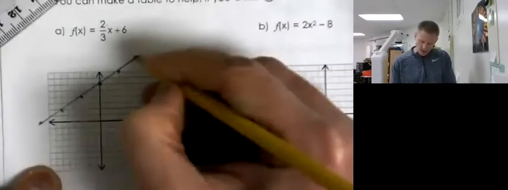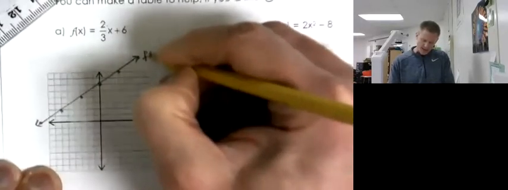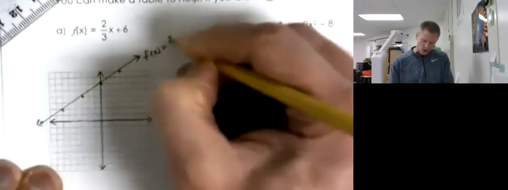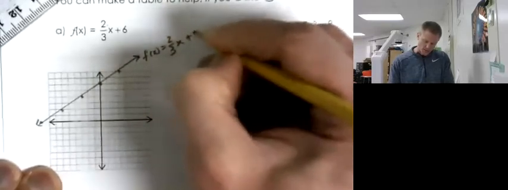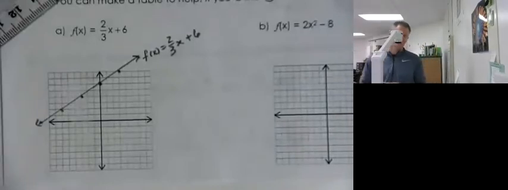So there's our graph. And this would be f of x equals 2/3 x plus 6. You want to label your graph.